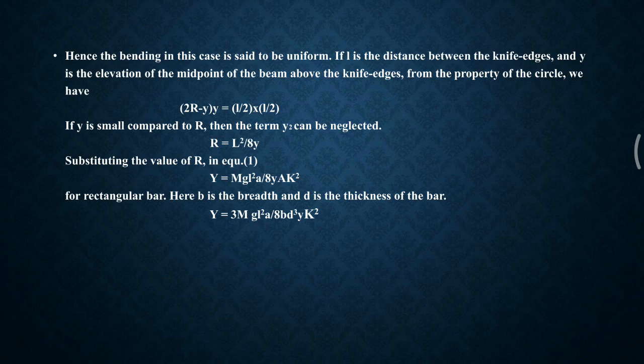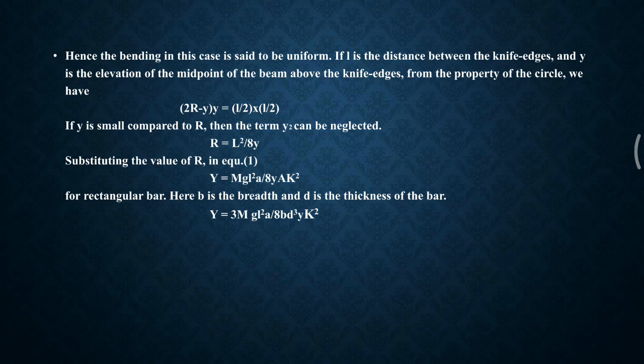If L is the distance between the knife edges and y is the elevation of the midpoint of the beam above the knife edges, then from the property of the circle we have (2R minus y) into y is equal to L by 2 into L by 2, which is represented as shown in the figure. If y is small compared to R, then the higher order terms such as y square can be neglected.